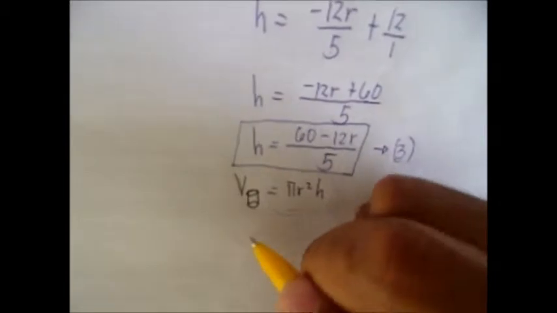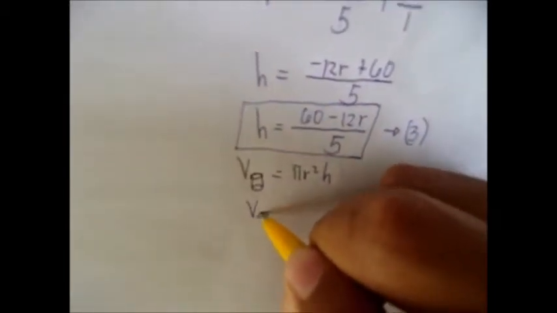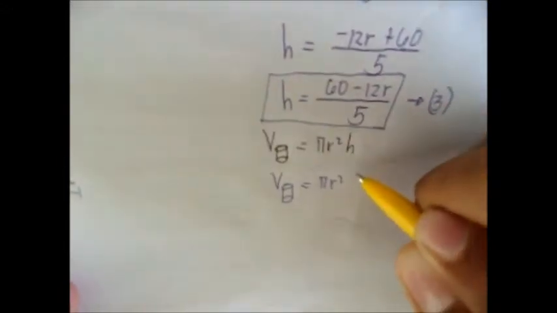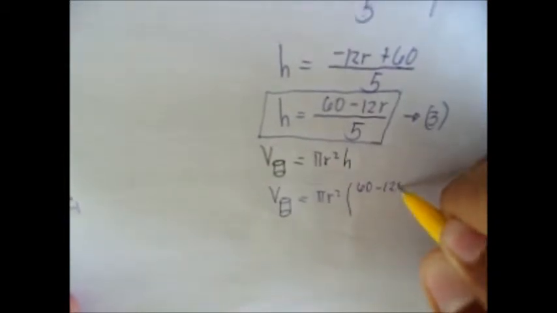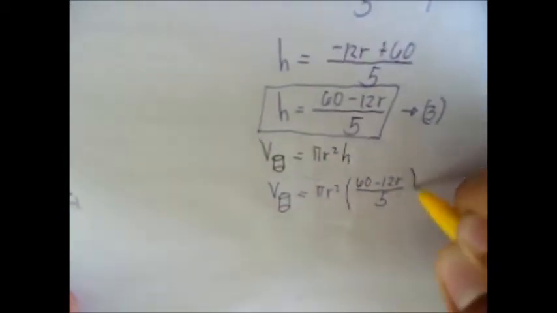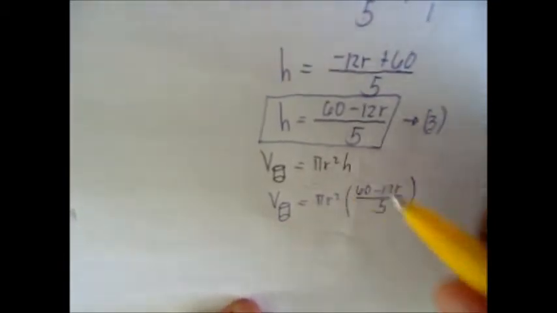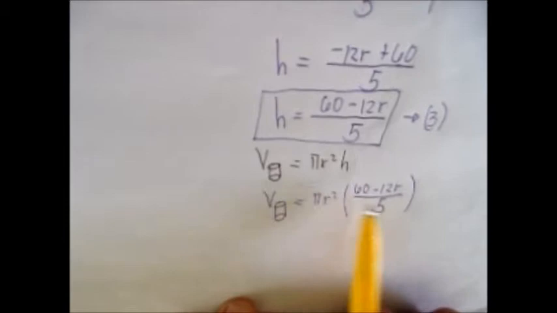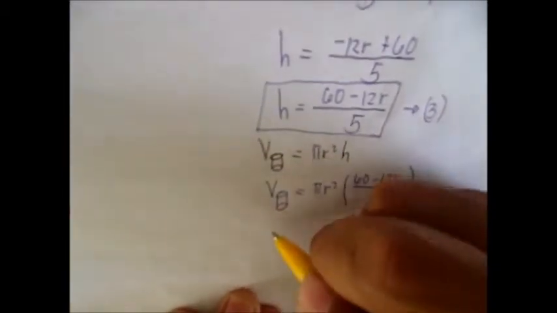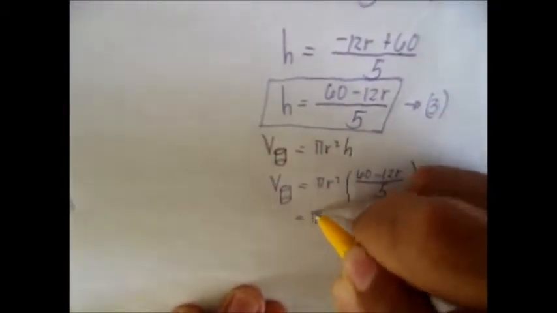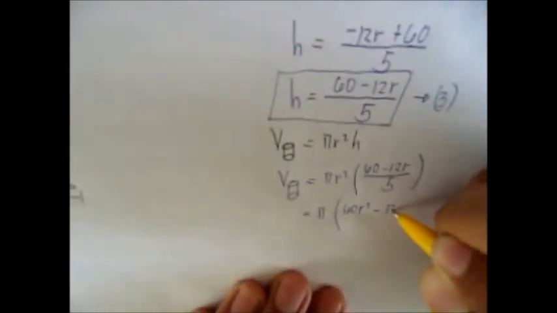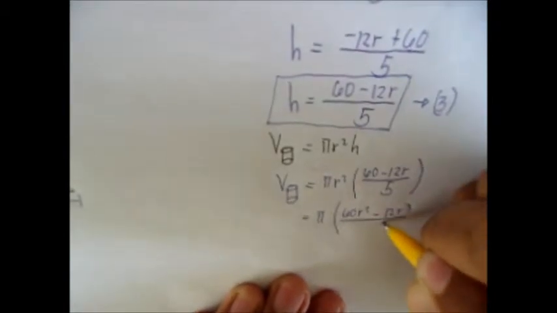So we have the volume of the right cylinder equal to pi r squared times the height, which is 60 minus 12r over 5. By the distributive property, we distribute this r squared in this equation. So we have pi times 60r squared minus 12r cubed over 5.